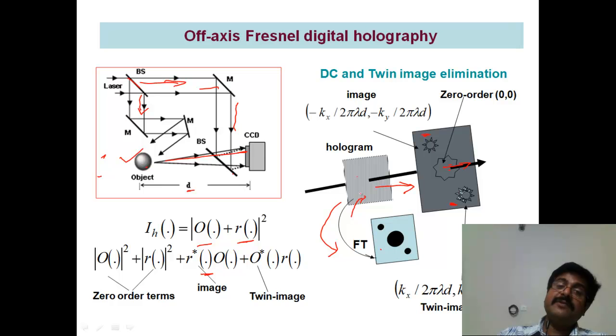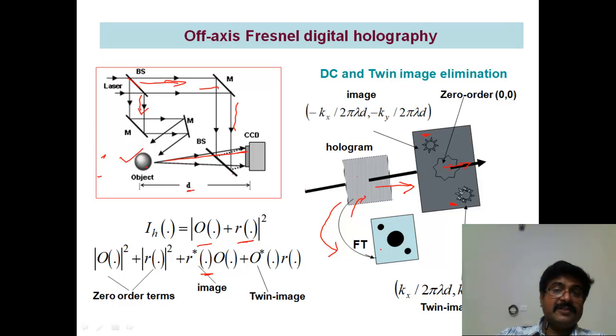The full bandwidth of the CCD can be utilized. But the drawback is that all the terms will be merged. The virtual and zero order terms will be merged and noisy. But this can be avoided by the phase shifting method. But you have to record 4 holograms to process, and it is computationally slightly intensive. More information you have to use.